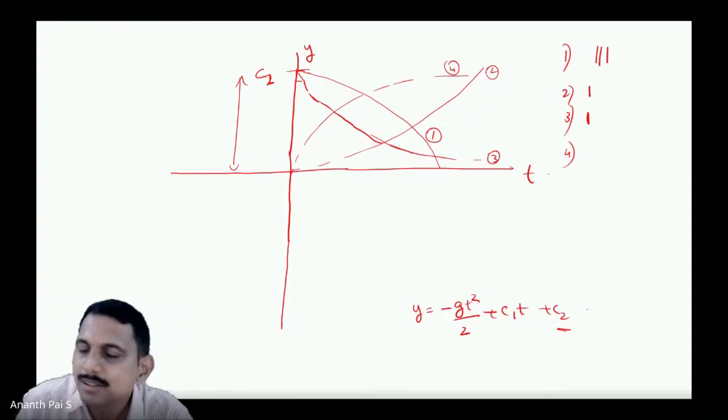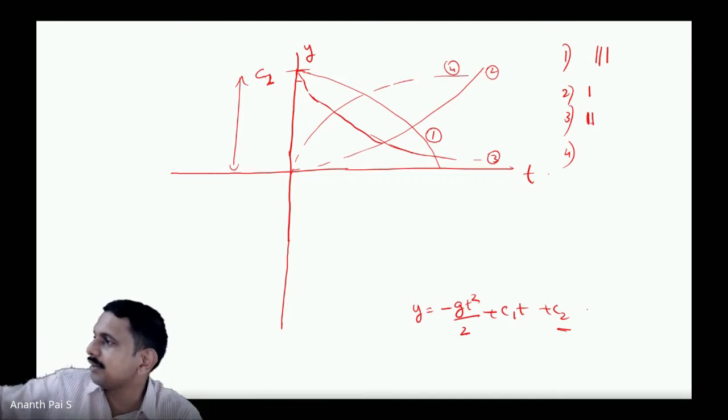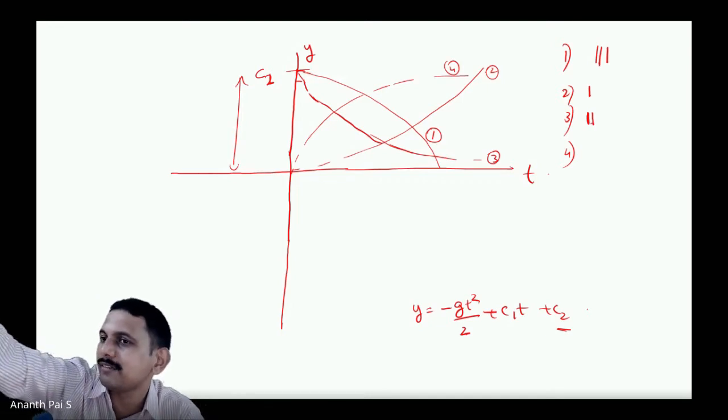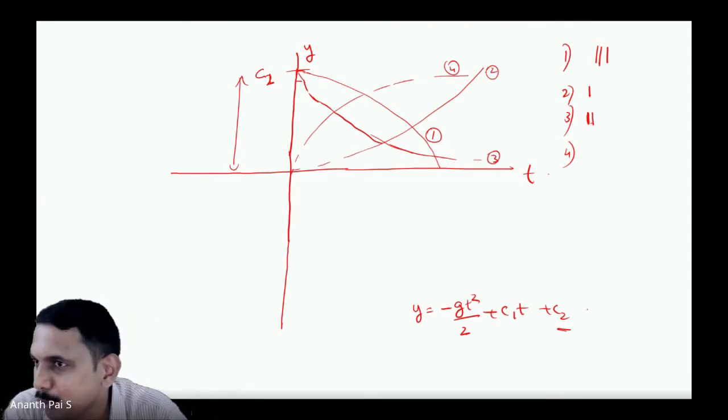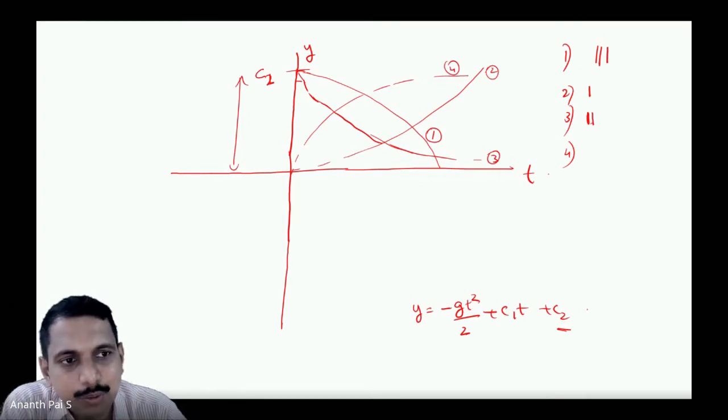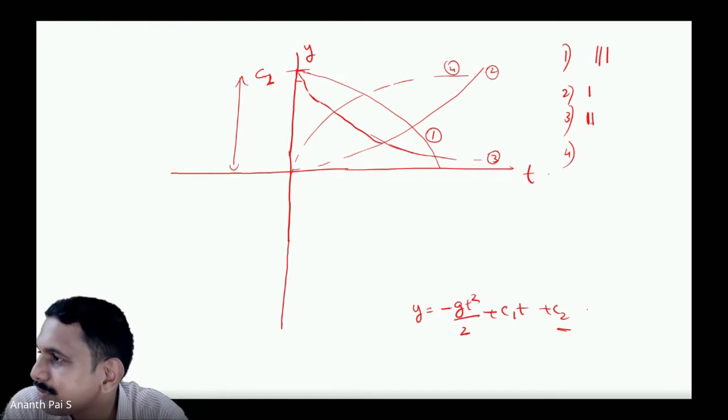Then 3. Okay. Then how many are there? 1, 2, 3, 4, 5, 6, 7, 8, 9 plus 3. We need 12 votes. There are only 6, that is 50% votes. Others, please think.